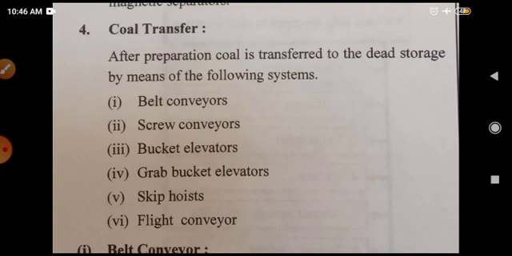Now we are going to see all the equipment used for coal handling. The first ones are belt conveyor, screw conveyor, bucket elevators, grab bucket elevators, skip hoist and slide conveyor. First one is the belt conveyor.